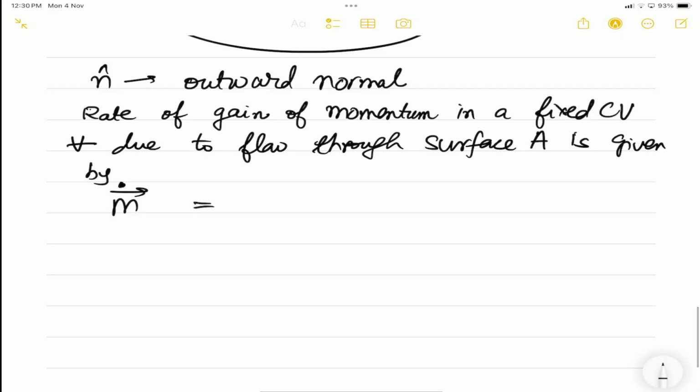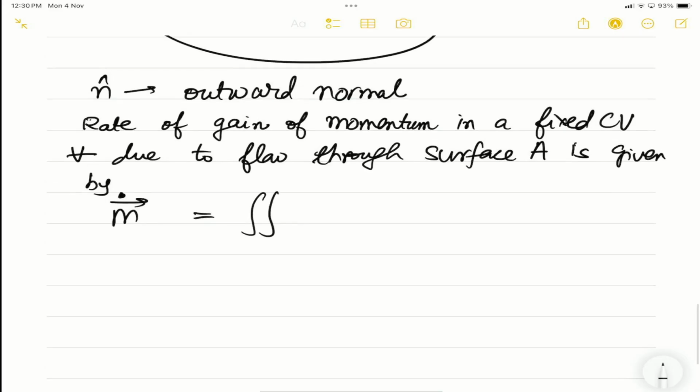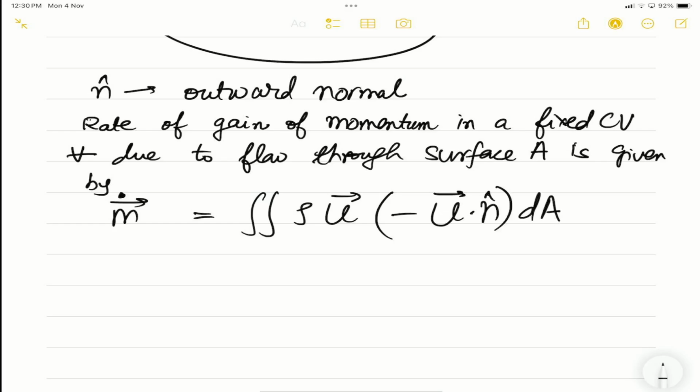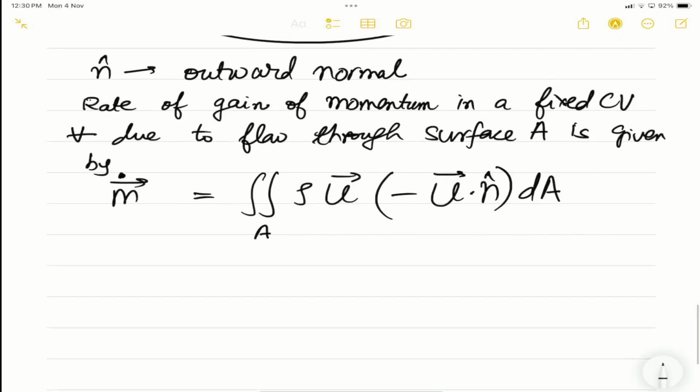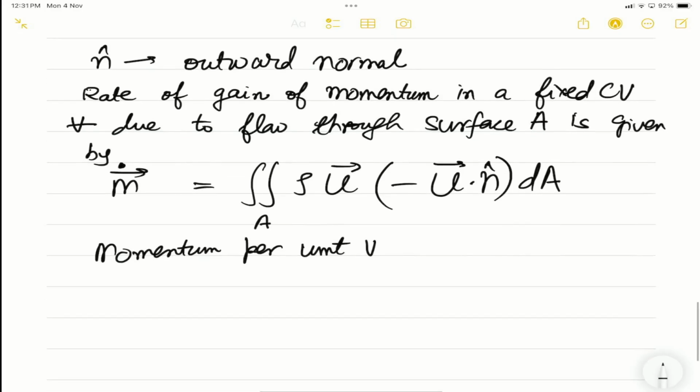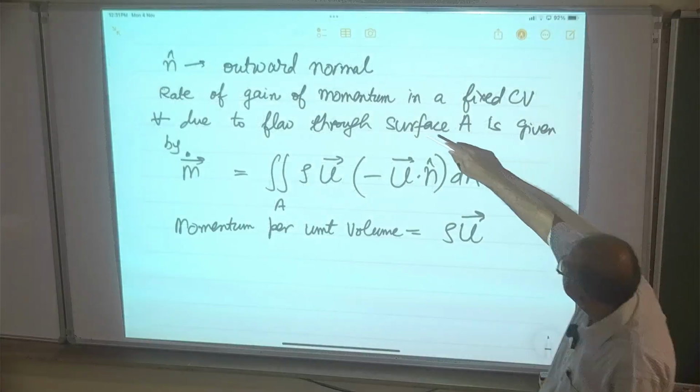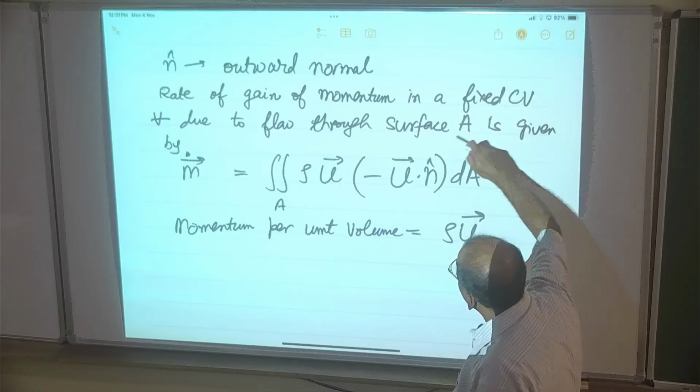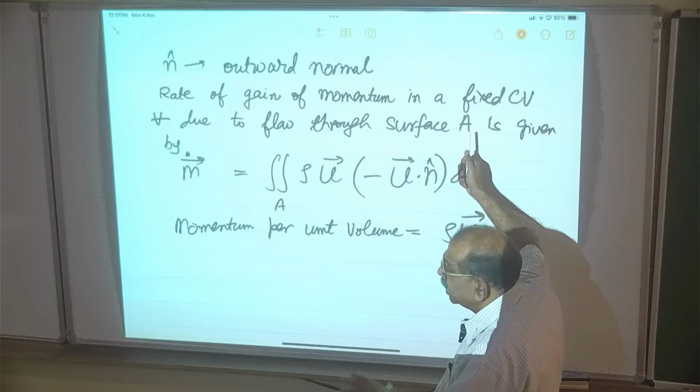This is equal to, let's try to explain that. Momentum per unit volume is equal to the vector rho u. We are talking of rate of gain of momentum due to flow through a surface area A.